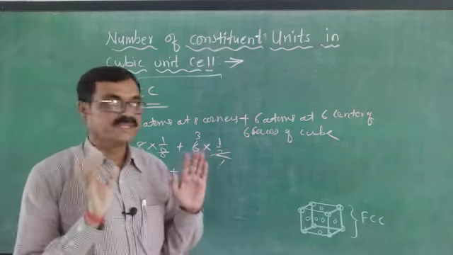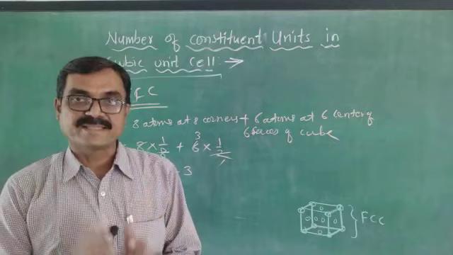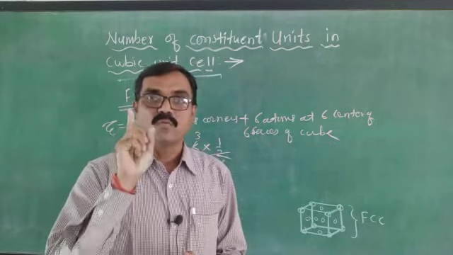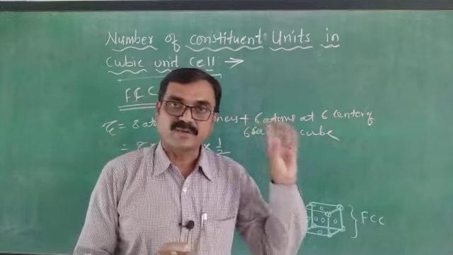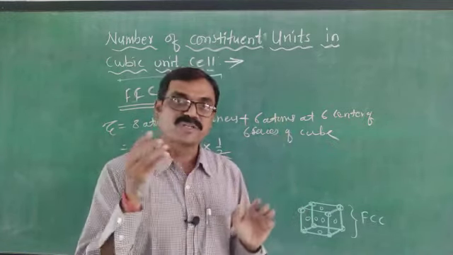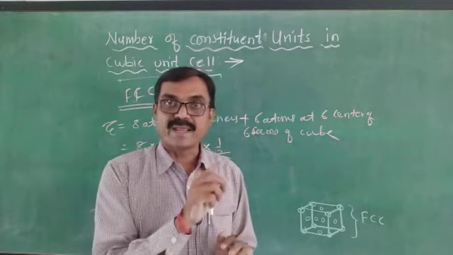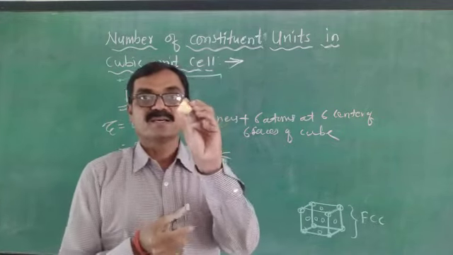From all these diagrams it is clear that for SCC the total number of atoms is 1. Why? Because there are 8 atoms at the 8 corners, and which portion is there? At the corner there is a 1/8 portion, and a 1/8 portion has how many faces? 3 faces.